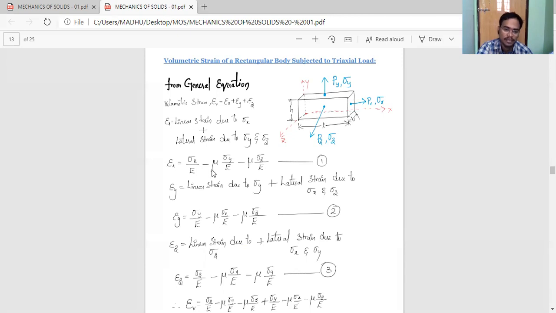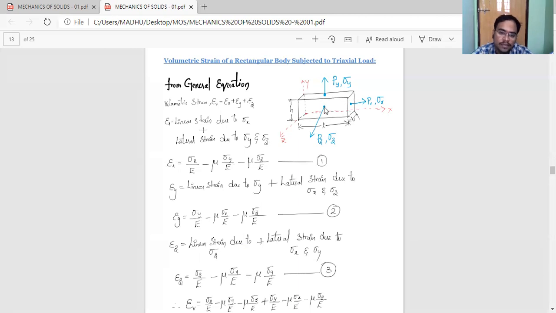Sigma x by E, because it is inducing the lateral strain also, that's why we add all of them. In the x direction, this length is affected by Px, Py and Pz. Px is direct, Py and Pz are lateral.